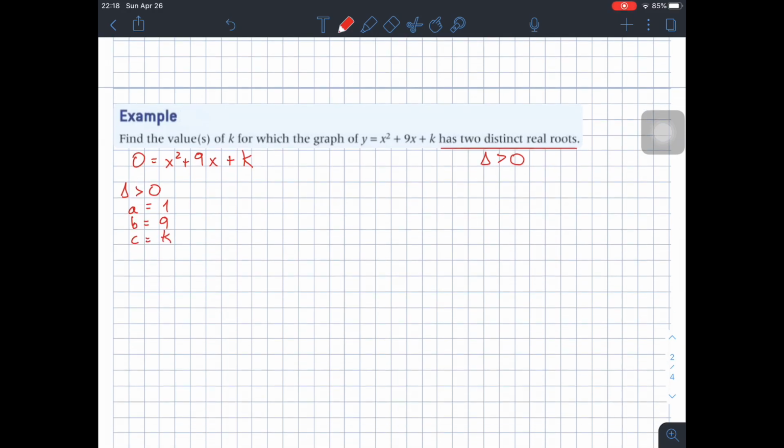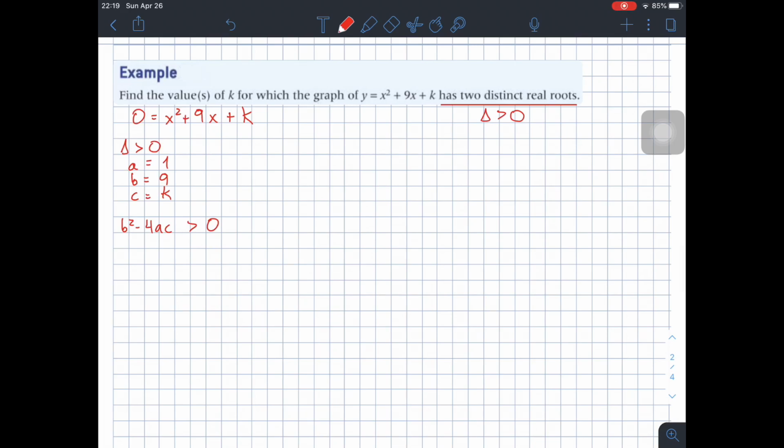So the discriminant, remember from what we just saw, equals b squared minus 4ac, and this should be greater than 0 in this case in order to have two distinct real roots. So b squared is 9 squared minus 4a is 1, c is k. This should be greater than 0, right?